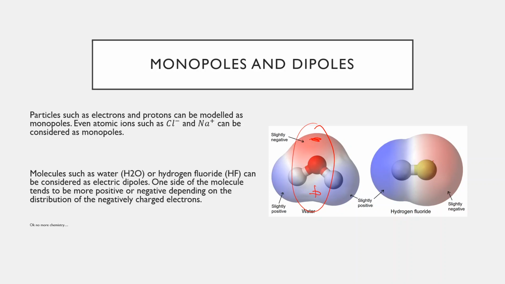So you can consider this being a dipole. That's the negative side, that's the positive side. It's just a positive charge next to a negative charge. So there exist electric dipoles in nature, mainly in the form of molecules. That's it, no more chemistry. We're done with chemistry. Cool.